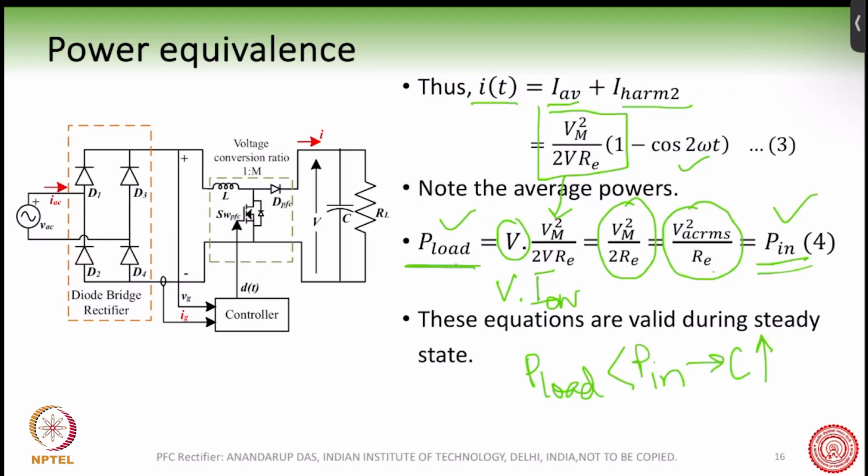So the energy content will increase in the capacitor, and it will get manifested in the form of increased voltage, because half CV squared is the energy content of the capacitor. Therefore, this condition of P load equal to P in must be valid at steady state. Then the converter will operate steadily.